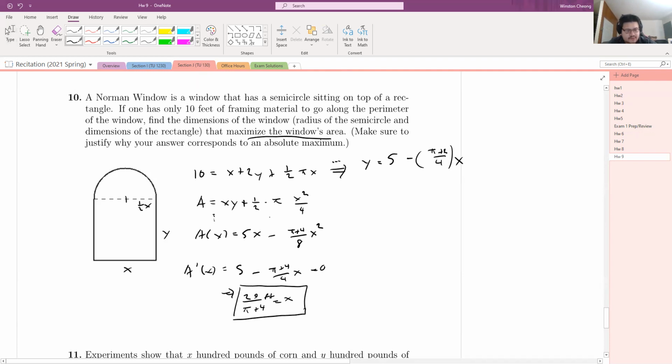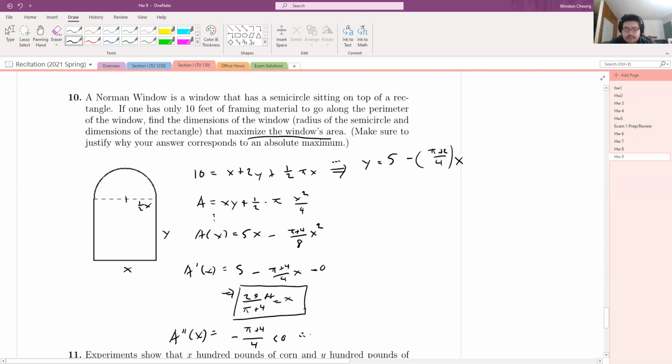Look at how easy that thing is. You just take another derivative, right? A double prime: take a derivative, negative pi plus 4 over 4. That negative is in front of the whole fraction. This is a negative number. It's less than 0.